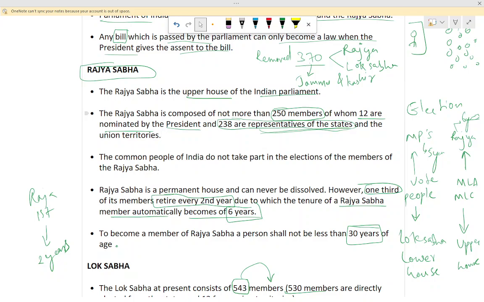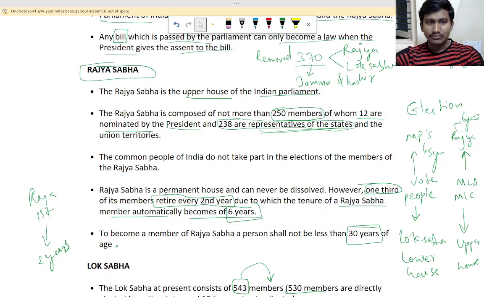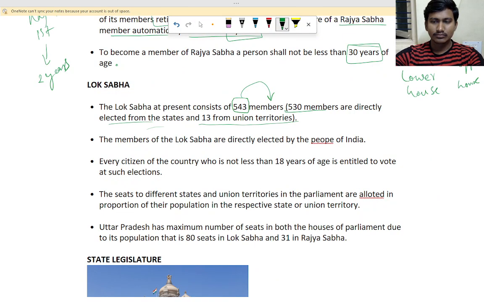They will also have a say here. So 13 will be from Union territories and 543 members total.